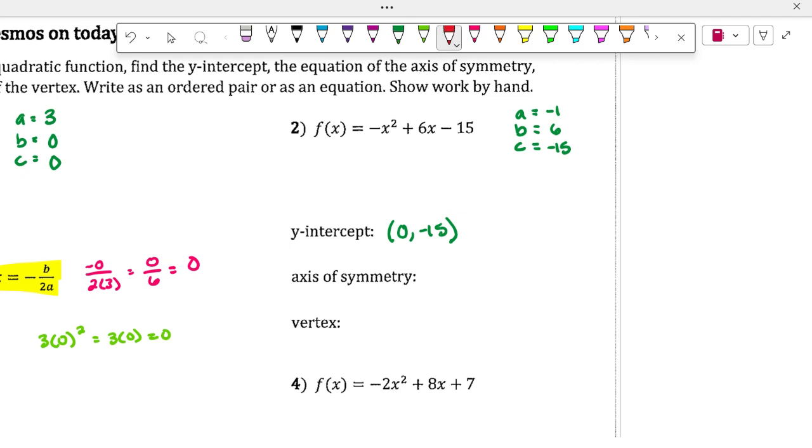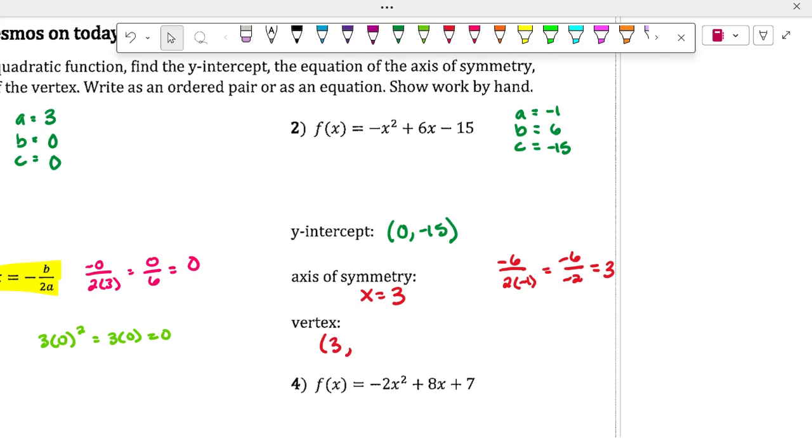Axis of symmetry, I'm going to do negative 6, which is my B value, over 2 times negative 1, which is my A value. So that'll be negative 6 over negative 2, which is what? 3. So how do I write that as the axis of symmetry? X equals 3. That's also the x value of my vertex.